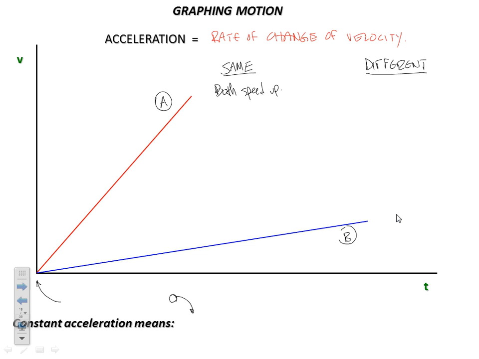At time t equals 0, they both have an initial speed, v naught, of 0. So they both start at nothing, with a speed of 0. And later, v final A and v final B are not 0.